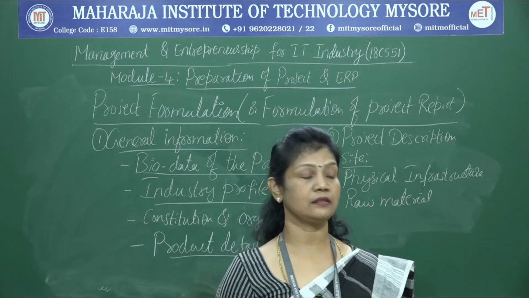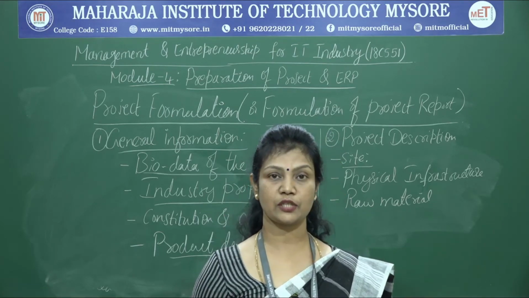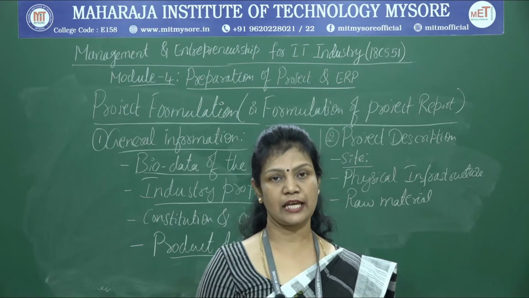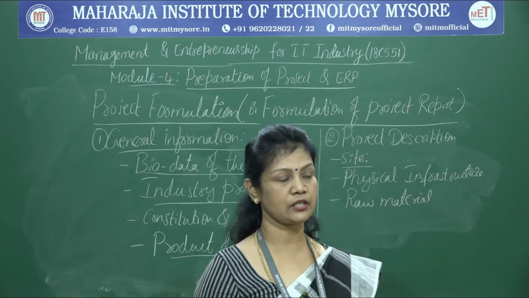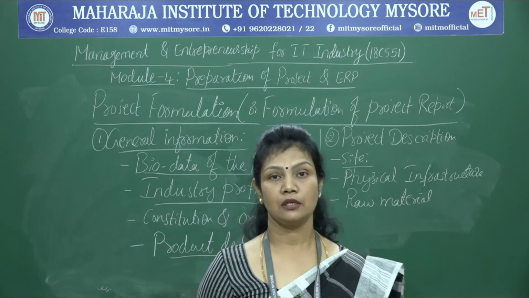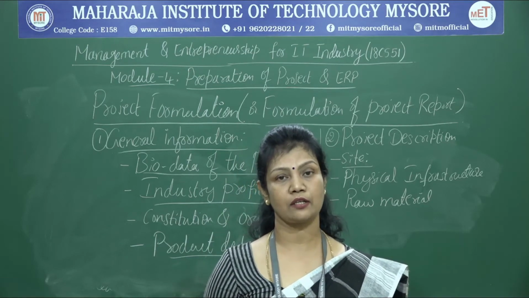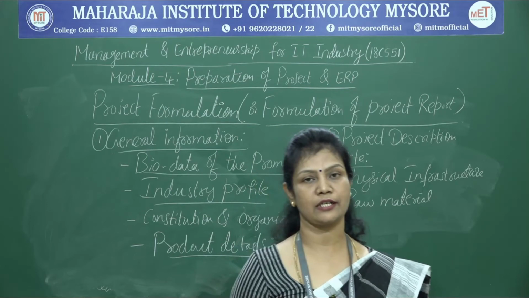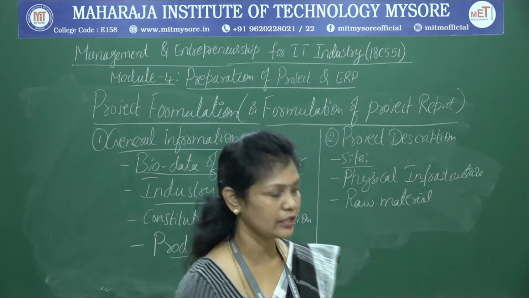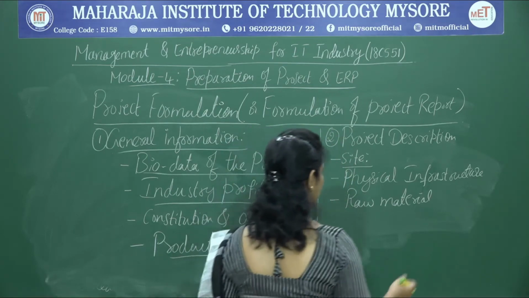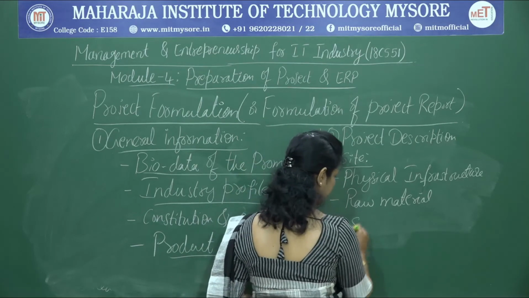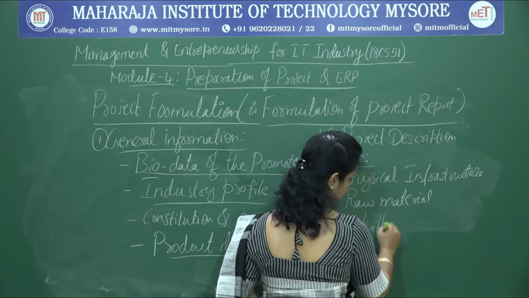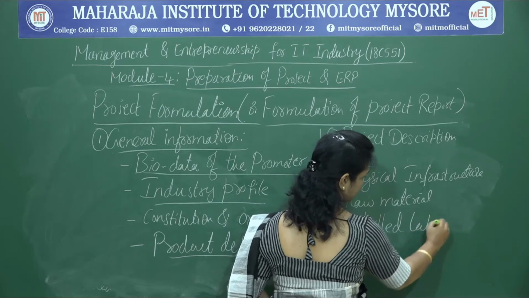In case the supplier chosen by the organization is not able to give the required raw materials in time, what are the alternatives they might use also needs to be mentioned under this raw material. Then next is skilled labor.